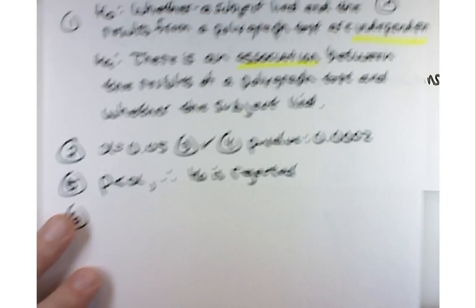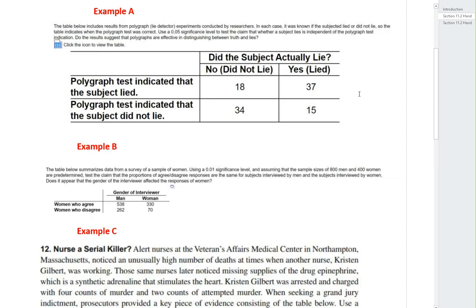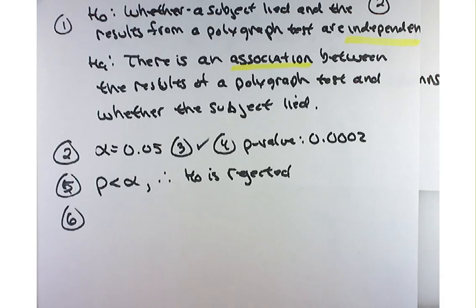Now for step 5, this doesn't exactly fit nicely into our little wording of the hypothesis conclusion. We don't exactly have parameters and an equals kind of thing here, so we can't fit that in perfectly. So just do the best you can.